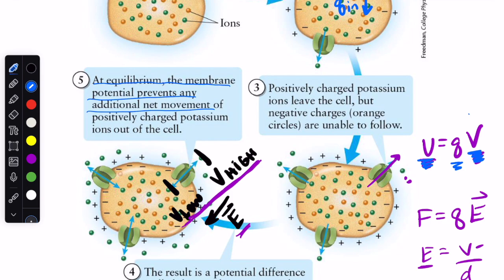So we can model this as a little resistor, right? The current flow would be the flow of the positive ions. The resistance of the membrane would be the channel's resistance. And then the potential would be the potential created by how many charges are on the outside and how many charges are on the inside of the cell.